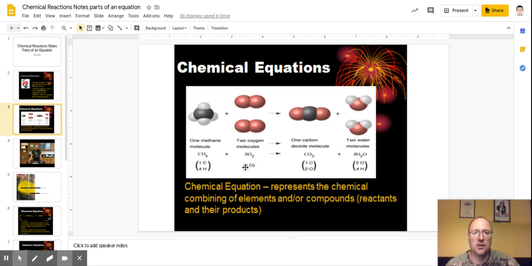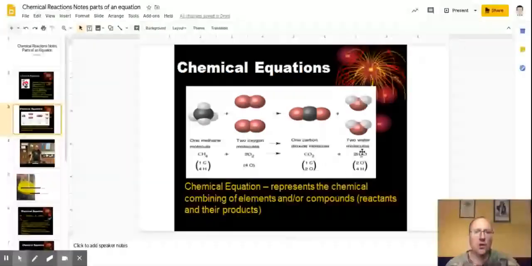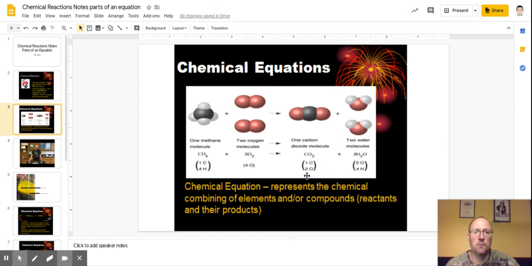And notice the coefficient of 2, the big 2 that comes out front, so that there's 2 of them. So I have O2 here and I have O2 here, but I have 2 pair of those oxygen molecules, and that's what those different numbers represent. And then it produces CO2 plus 2 H2O. Again, I have 2 pair of the water molecules.